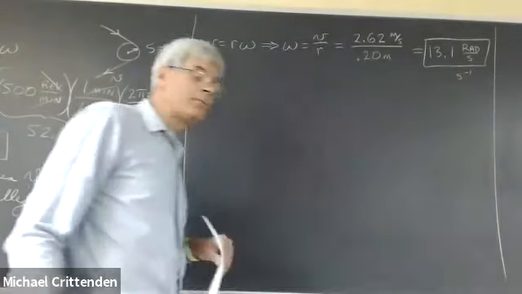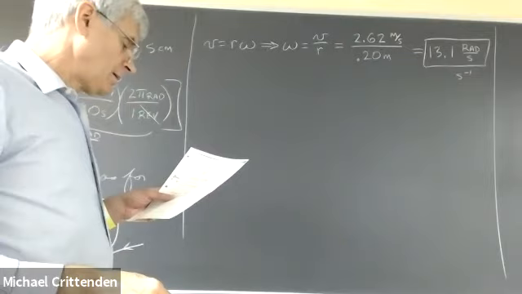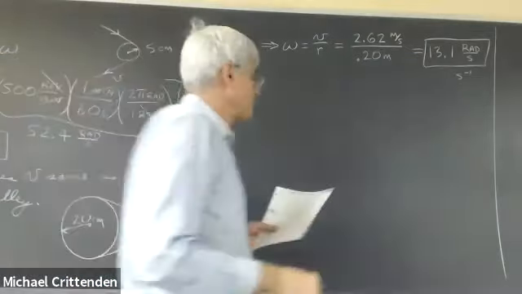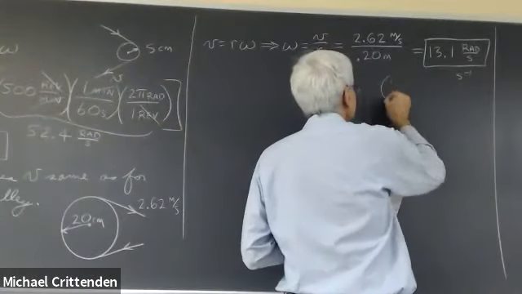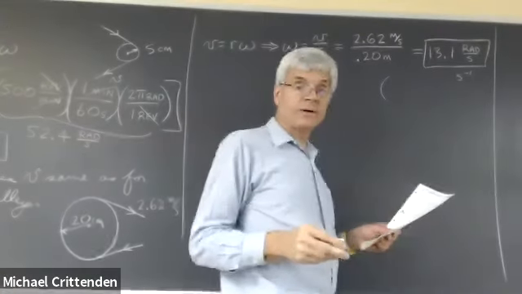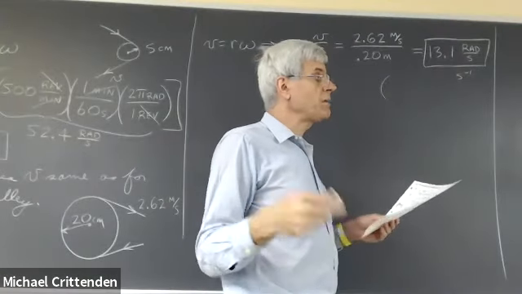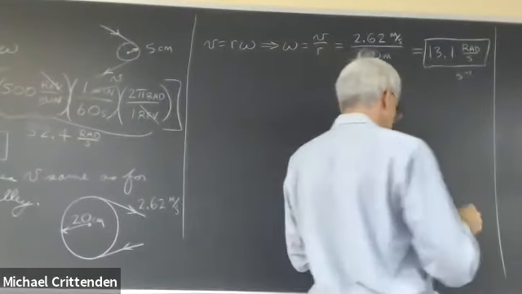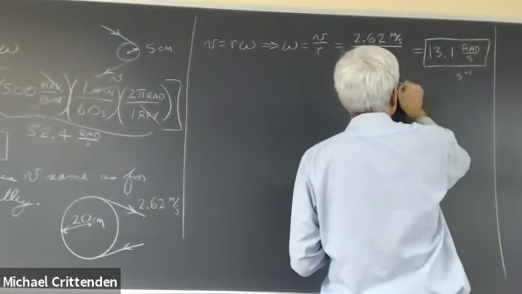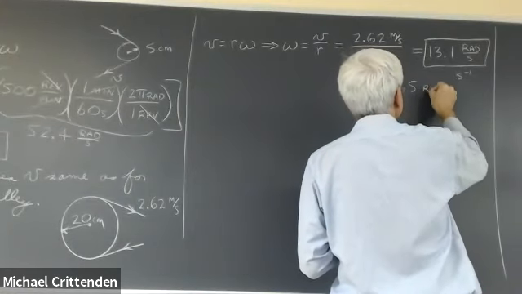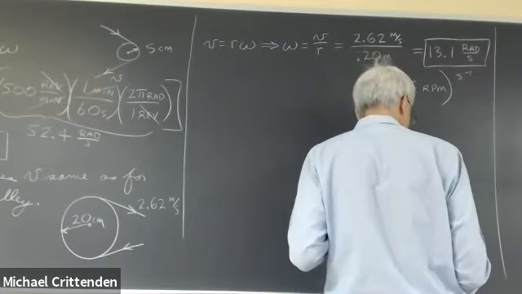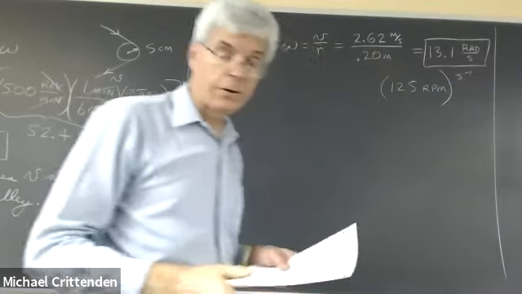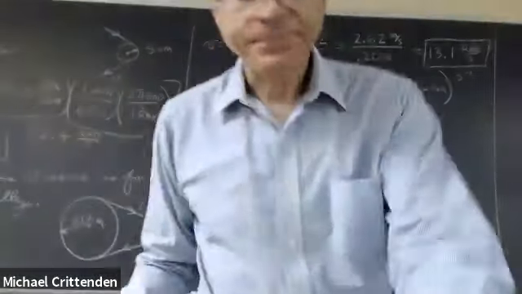Seconds to the -1 power. The question doesn't ask for this, but if you convert it back to revolutions per minute, because maybe you find that more meaningful, that's equivalent to 125.